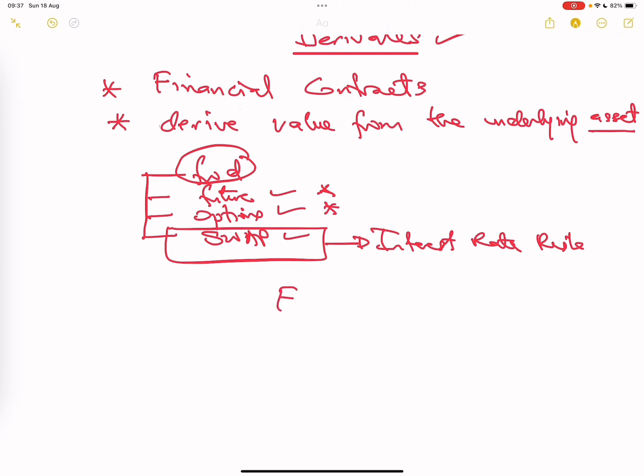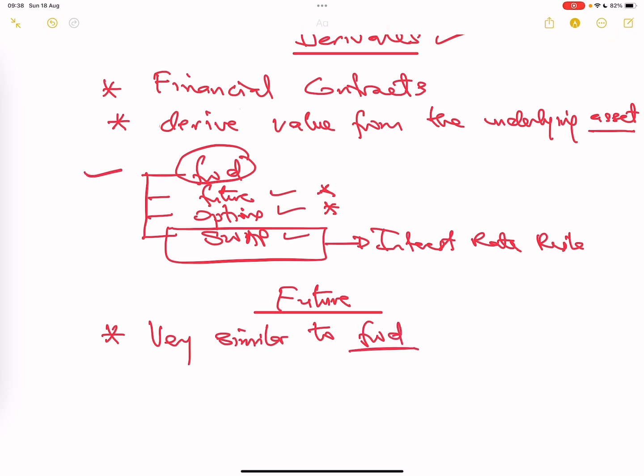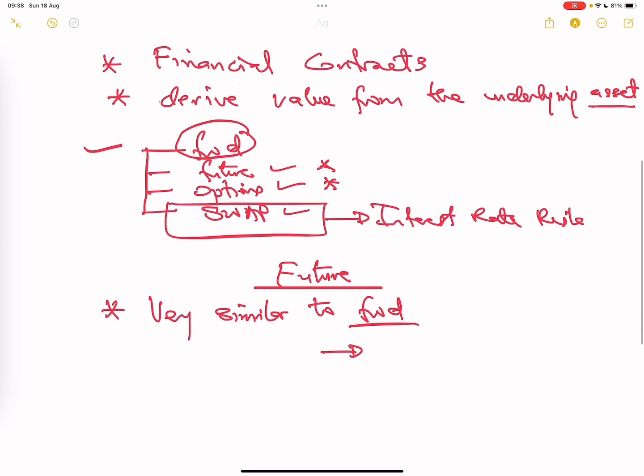So let's take future for an example. First thing I'll tell you about future is that it's very similar, almost the same thing as forward. So this is very similar to forward transaction, which we have really looked into. Remember, what did I tell you about forward? I said it's a contract between two people. So you also have a contract. Remember, they are derivatives, so they are always financial contracts, right?